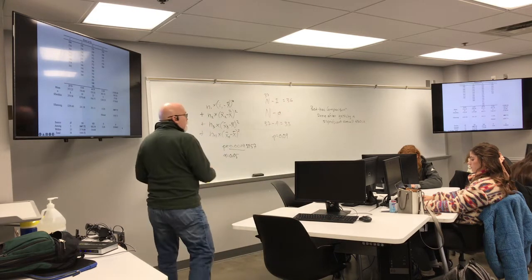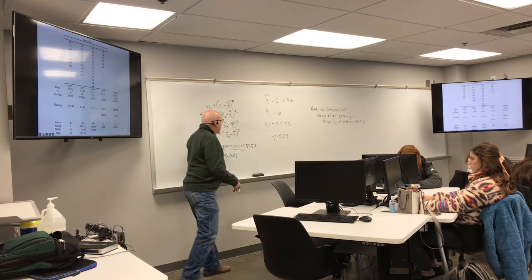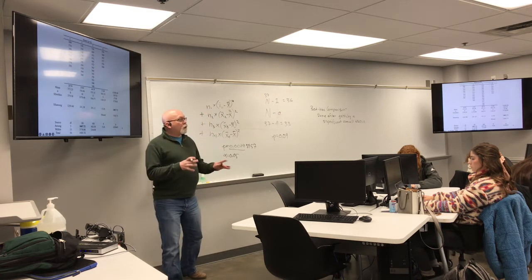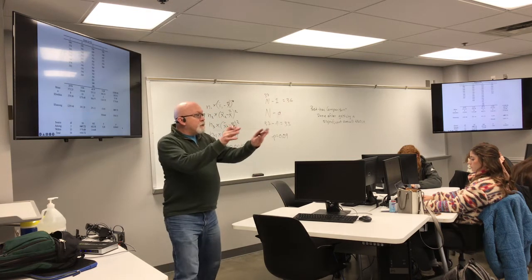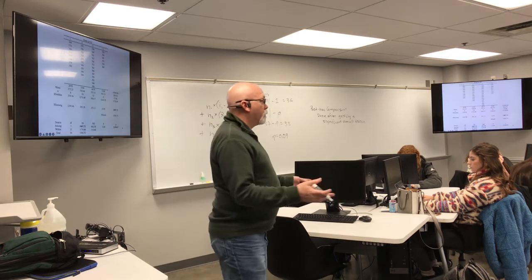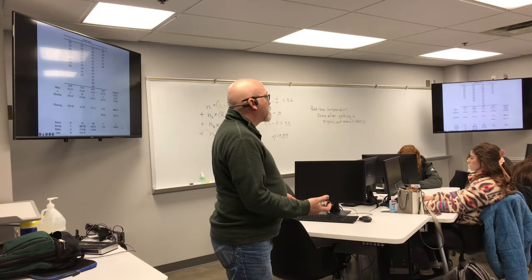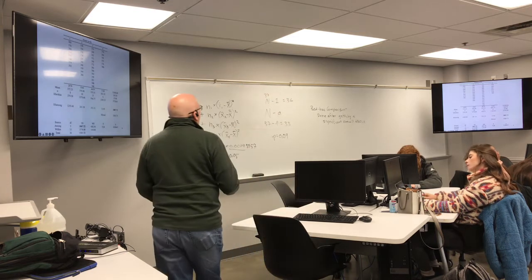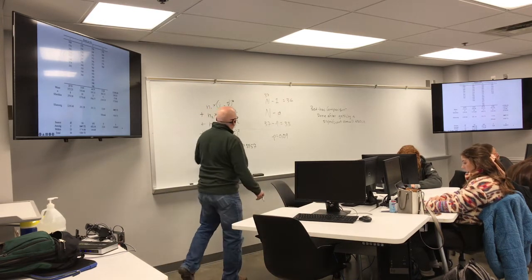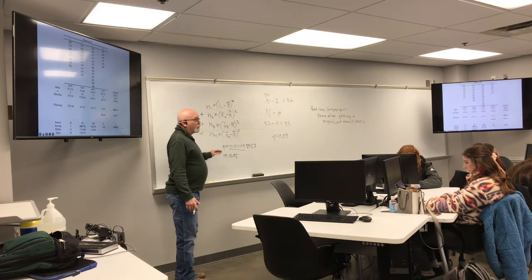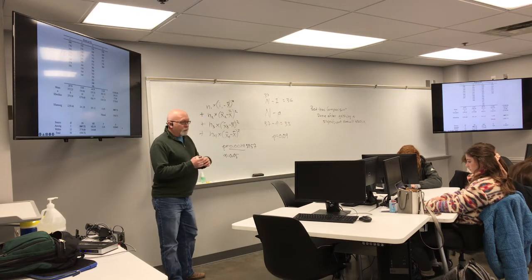You only do post hoc tests after you have a significant ANOVA, because the significant ANOVA has told you in this field there are differences to be found. Now go find them. Go find the specific differences that are out there, but you don't go looking for those differences until you know that there is a difference out there to be found. Otherwise, you're just wandering around a random field looking for Easter eggs, and there are no Easter eggs to be found.